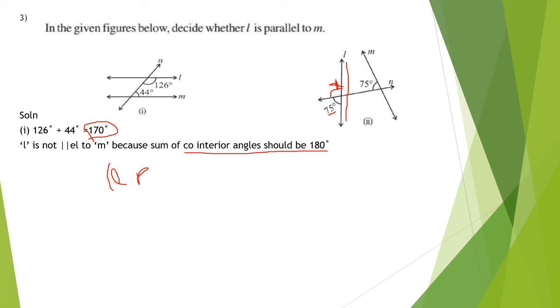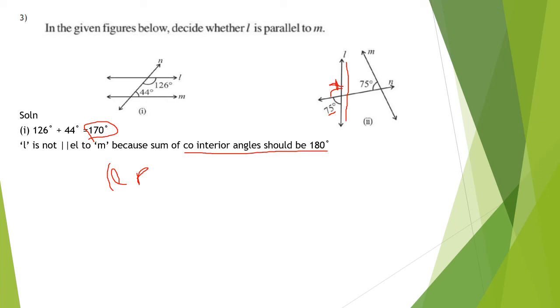Now for the second question, here also the two lines are L and M, and they have given a transversal N and the angles. Here, look, 75 degrees, and another angle is given. When I draw one angle here, this will be a corresponding angle.